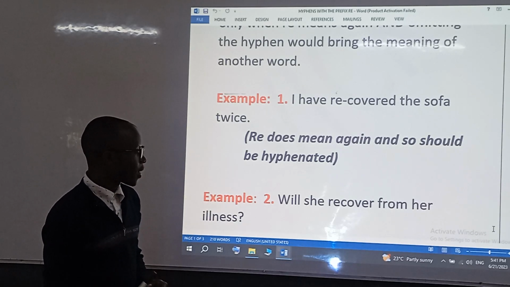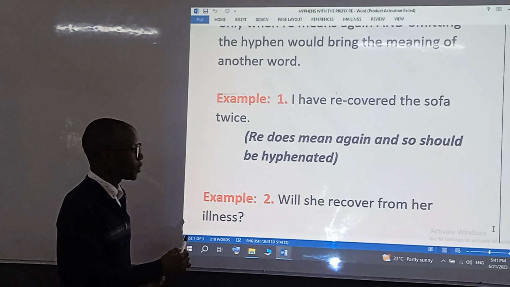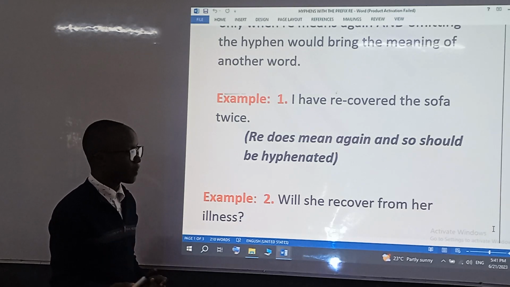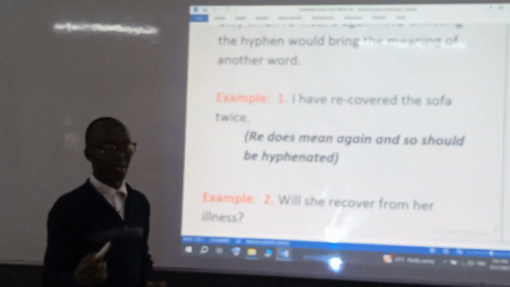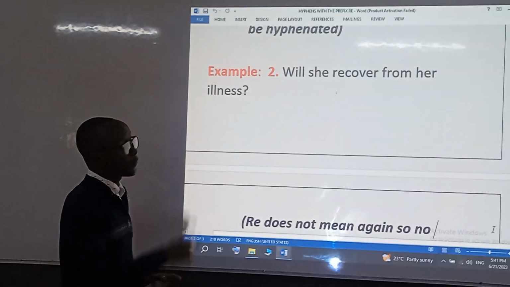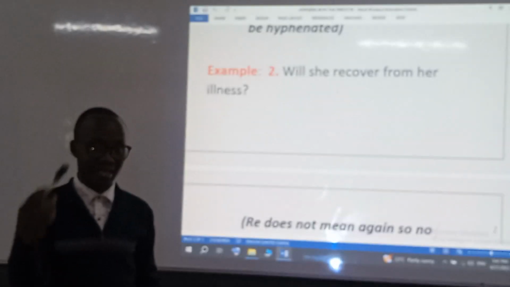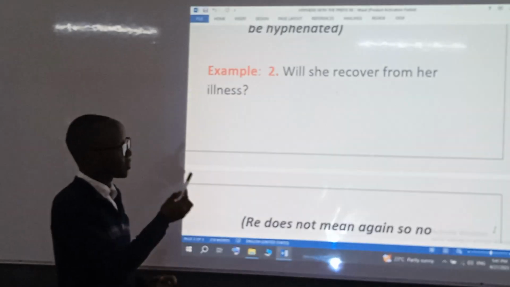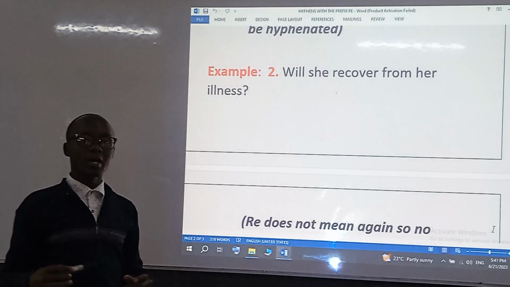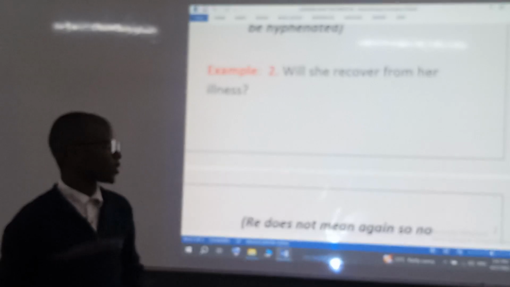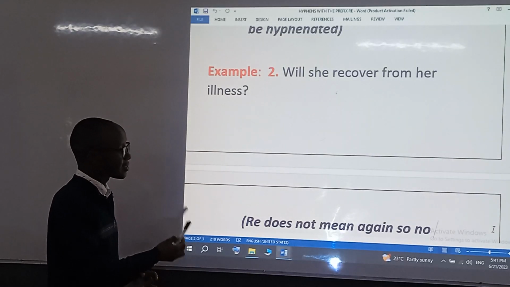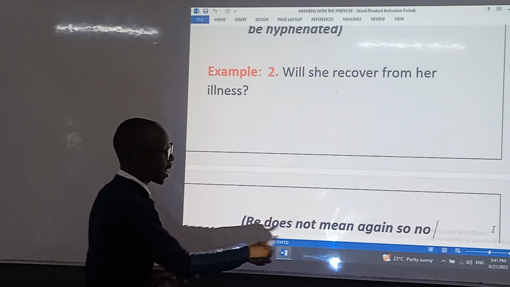Now, what about example number 2? Will she recover from her illness? If you look at this sentence, it does not bring the idea of redoing a certain action, and so in that case we don't need to hyphenate the prefix re with that word, because the re does not mean again.